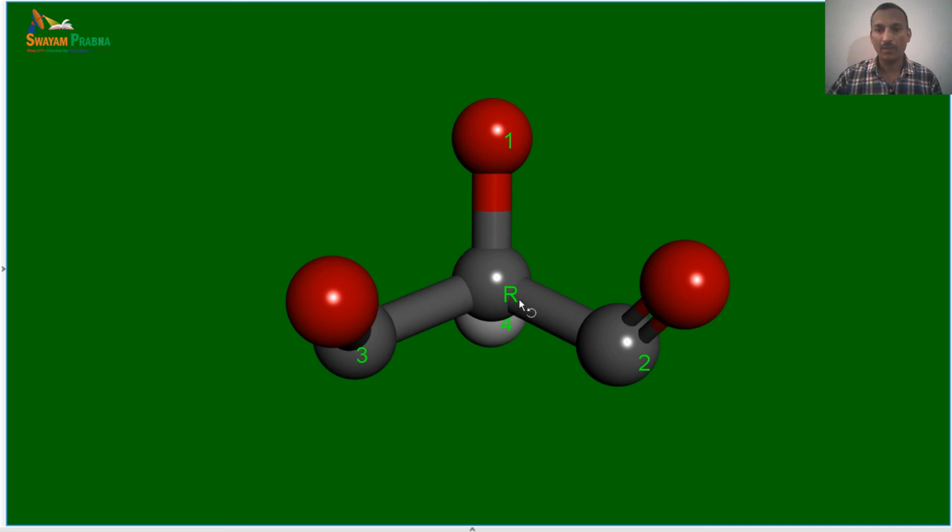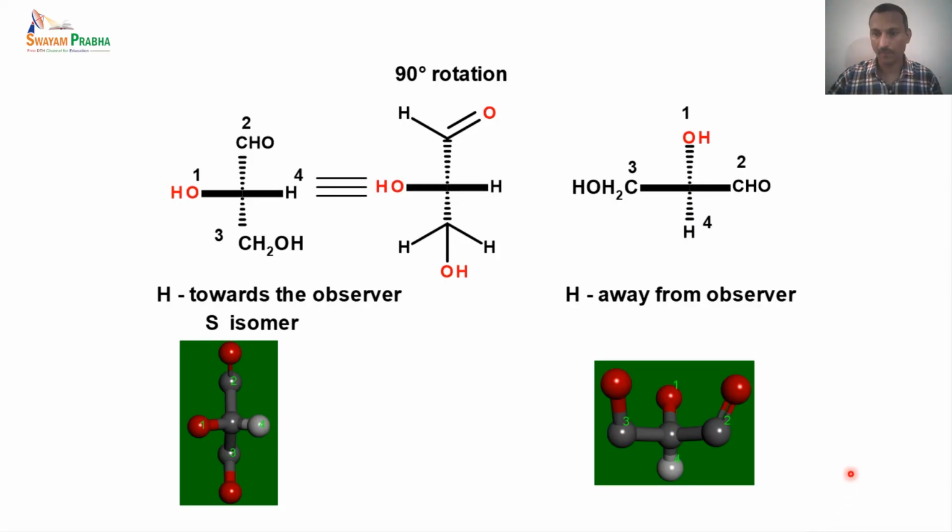In other words, whenever we do a 90-degree rotation for a Fischer representation, this always leads to the opposite configuration. So let us come back here and see the two-dimensional representation. Whatever we are getting is an R isomer.